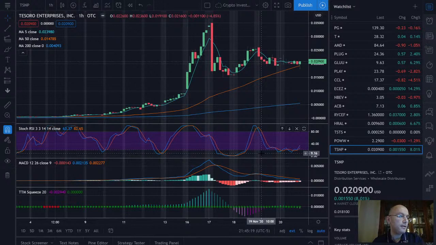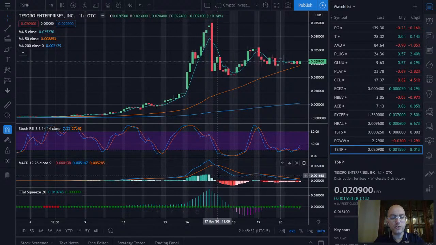Why does the color green change, for example, on November 16 and 17 on TSNP? Okay, right here. I assume you're speaking right here. If not, just let me know. When it's dark green, that's an indication that the divergence is actually happening, that it is going on a bullish uptrend.